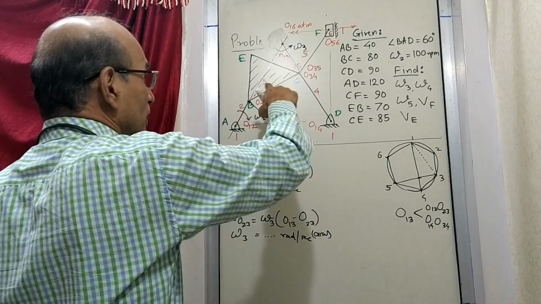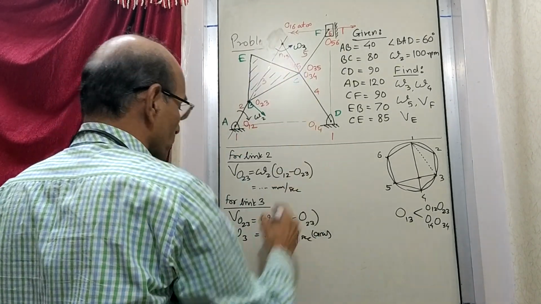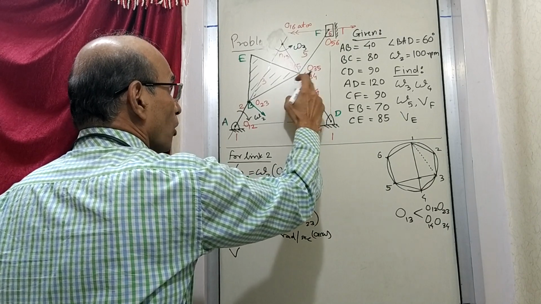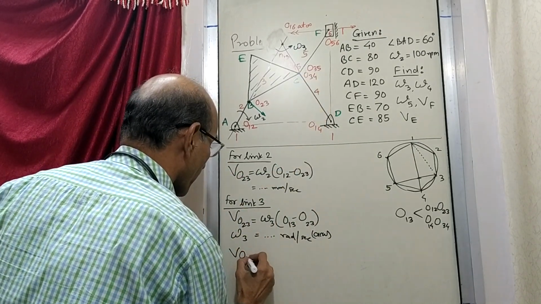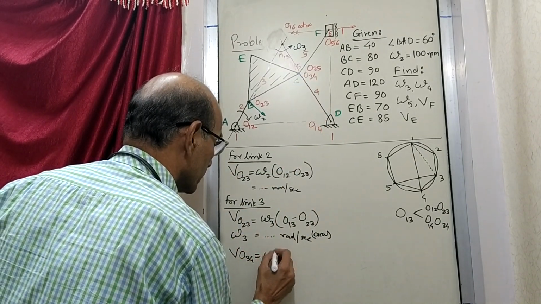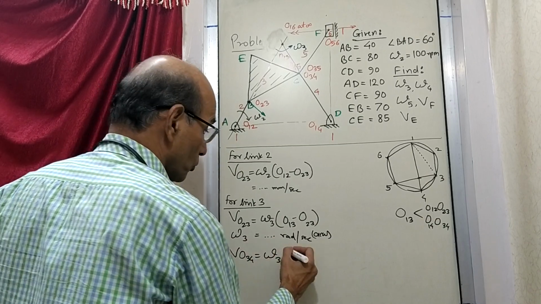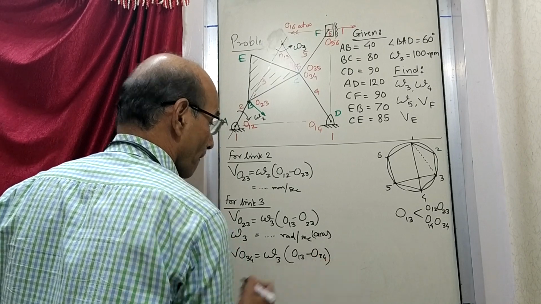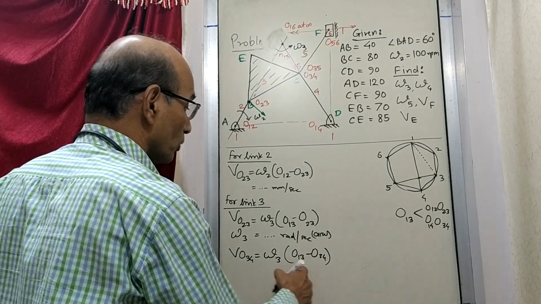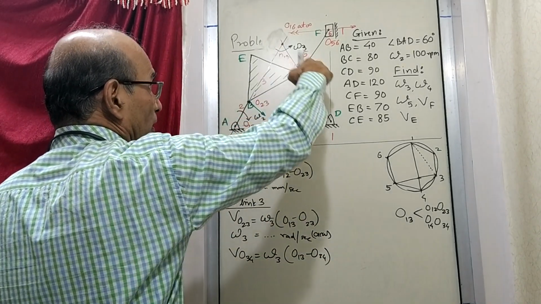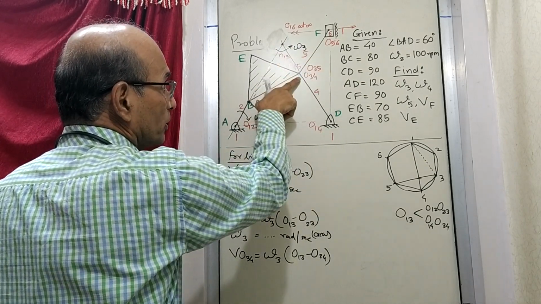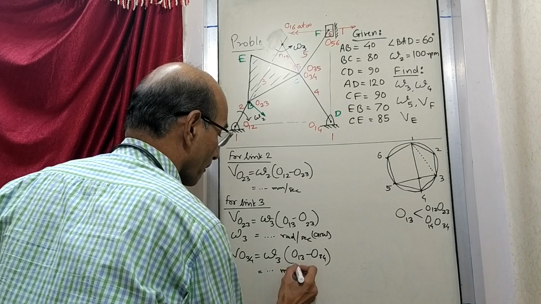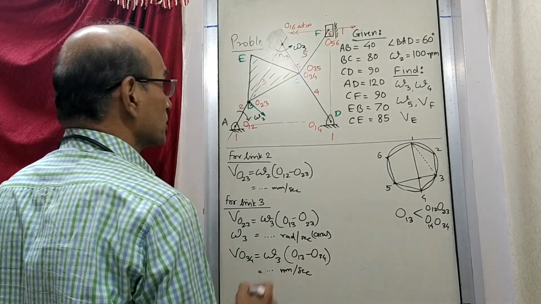After finding out omega 3, any other point on link 3 you can find out its velocity. So we will now say velocity of 35 or maybe 34 is equal to omega 3, which we know now, and the distance from 013 to the point itself. Since omega 3 is known and this distance you can measure from here to here, 013 to 034, you can find out the value in millimeters per second.